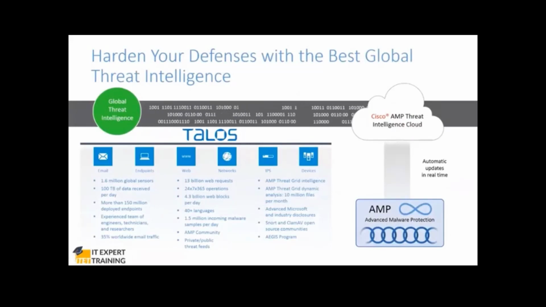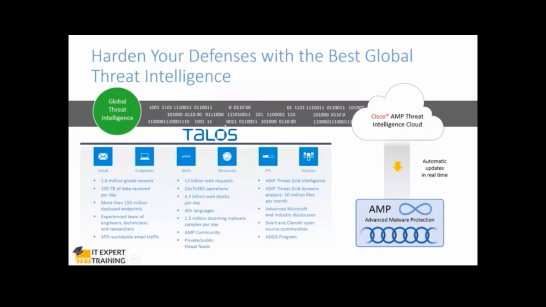So here you can see, let's break down these three pillars of AMP. So let's start with the prevention. So prevention, here you can see, starts with hardening your defense using the best global threat intelligence.